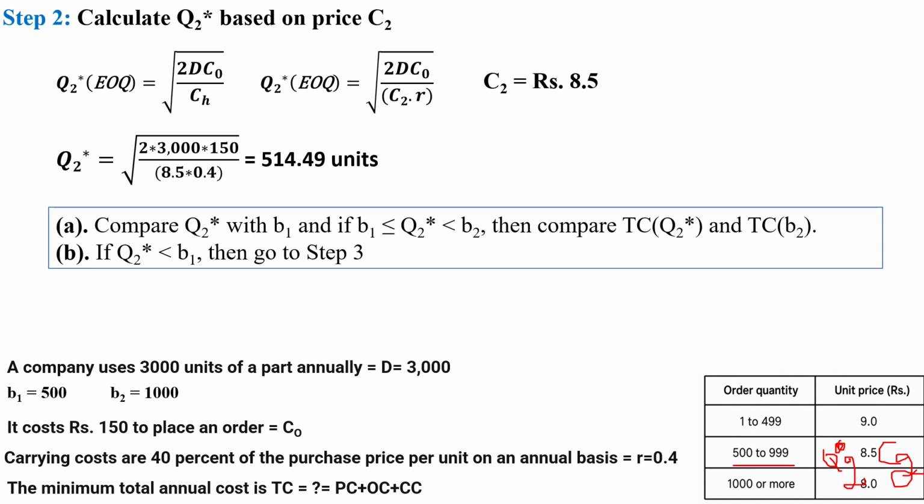Second condition, if Q2 star is less than B1, then go to step 3. Here the Q2 star value is 514.49, which lies between 500 and 999. So we have to compare the total cost of Q2 star as well as the B2 quantity.